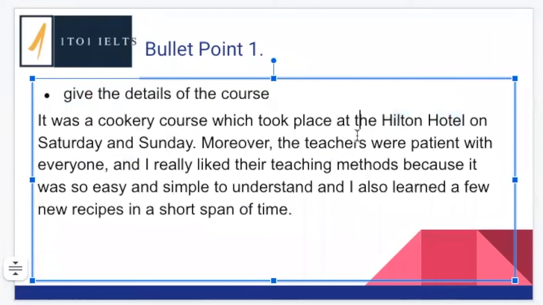There was a cookery course which took place at the Hilton Hotel on Saturday and Sunday. 2 days, okay. We're addressing the specific question, good. Moreover, the teachers were patient with everyone, and I really liked their teaching methods because it was so easy and simple to understand. And I also learned a few new recipes in a short span of time.